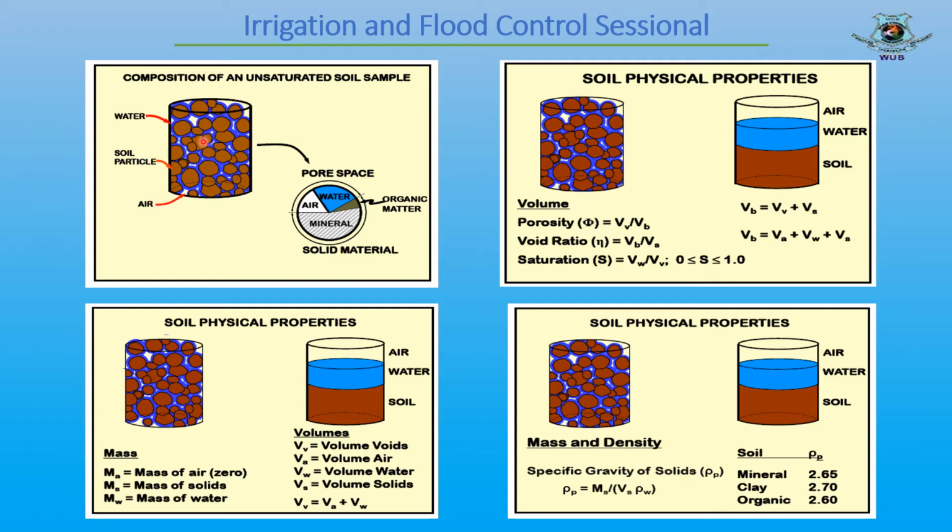We can see here a picture that represents the individual components of an unsaturated soil sample, and here mineral and organic matter, these two represent the soil particles or solid particles. And this is air and this is water. These two, air and water content, combinedly form the pore space.